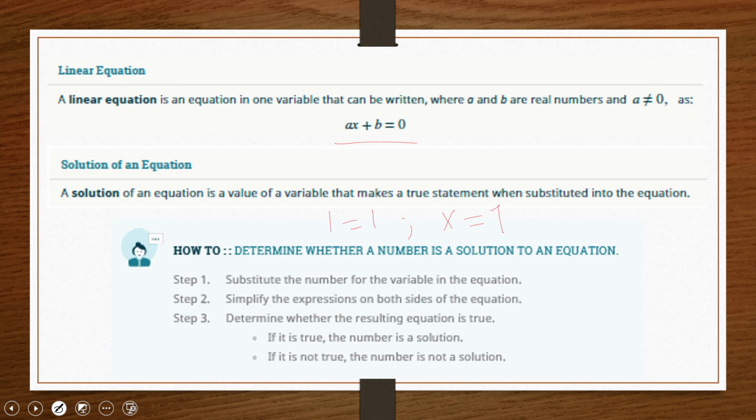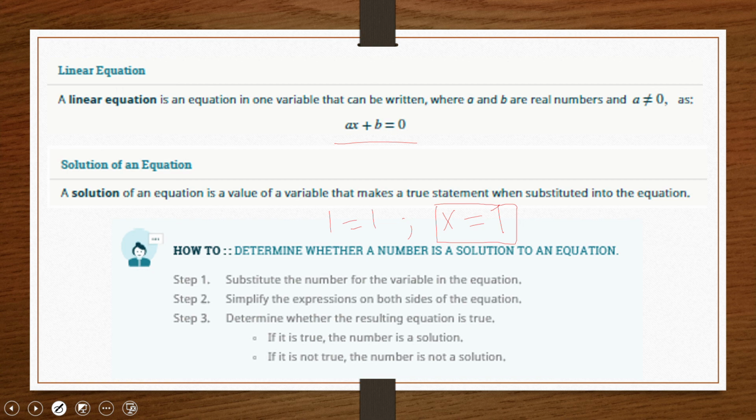And so sure enough, we would say that the variable by itself on one side of the equation equaling some constant term is what yields a solution. But in general, if I just want to check if some value is a true solution to an equation, I make the substitution, simplify the expressions on both sides of the equation, and then just determine whether or not a true or false statement falls out of that.